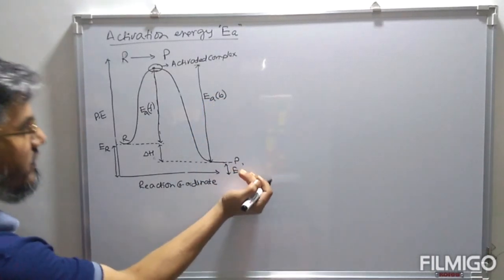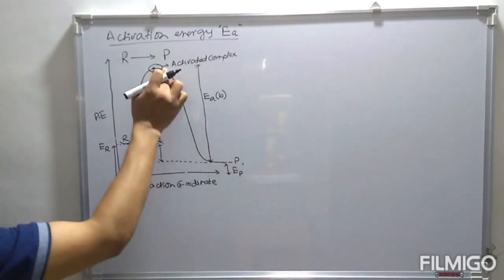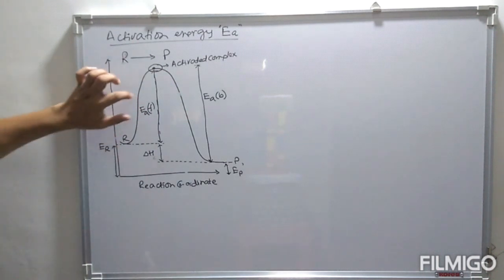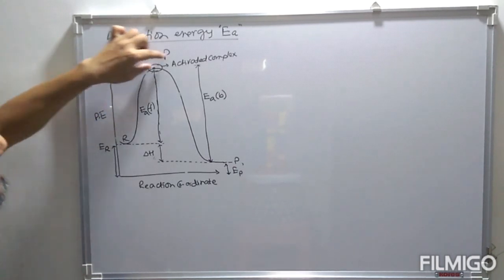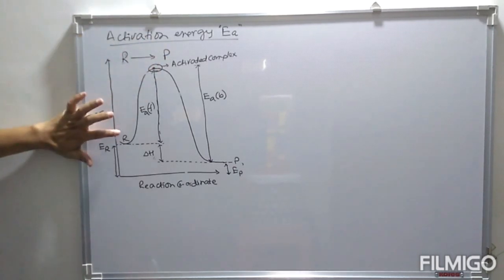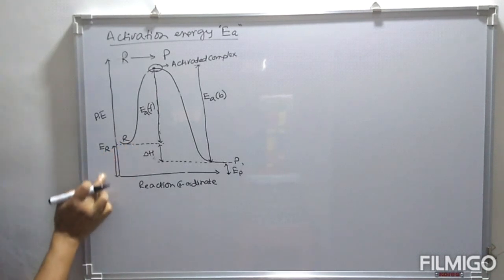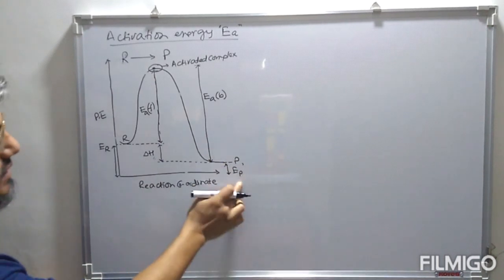If suppose this product is to be converted into reactant, then the product molecule has to cross this minimum energy barrier. So this is the activation energy. So the minimum energy required to cross this barrier is known as activation energy. Now this reactant molecule does possess certain energy. Similarly, the product molecules also possess some energy.